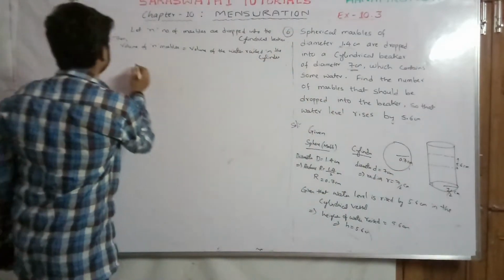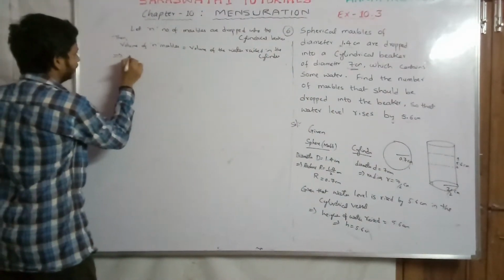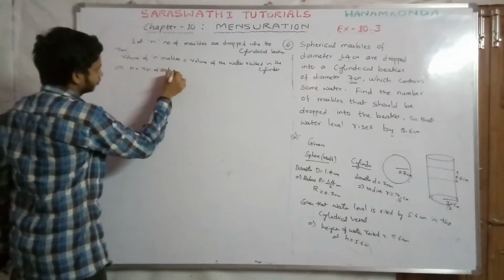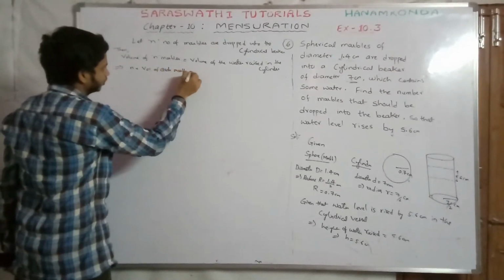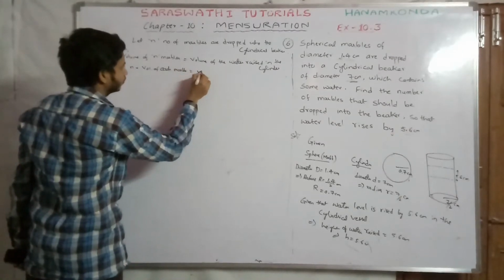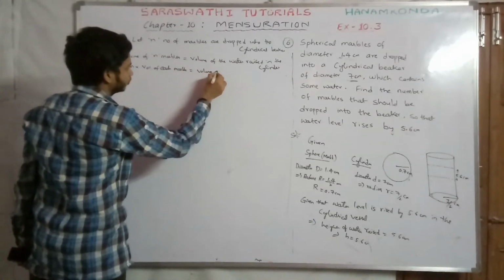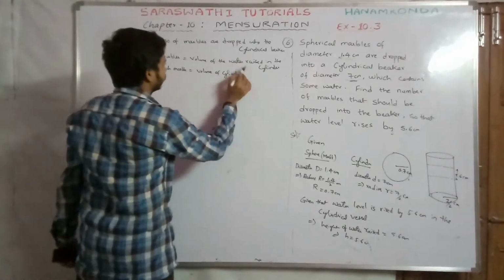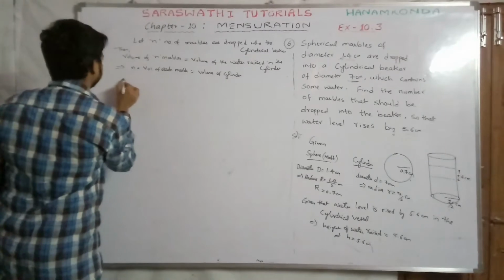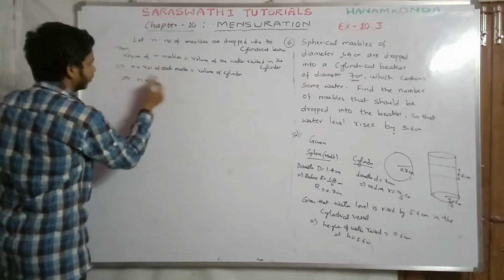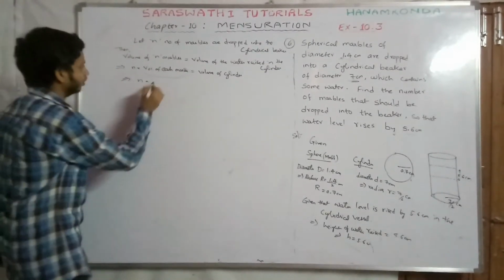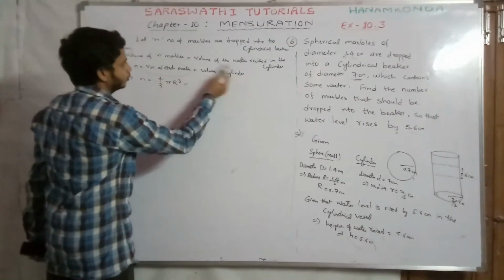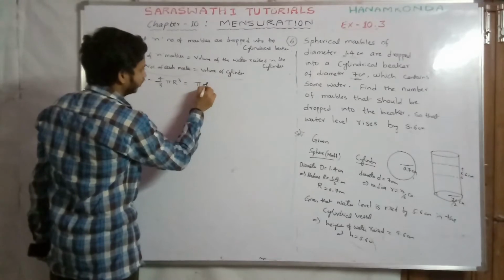So the volume of n marbles implies n into the volume of each marble is equal to the volume of the cylinder for which the water is raised. The volume of a sphere formula we know is 4 by 3 pi r cubed, equal to the volume of the cylinder, pi r square h.